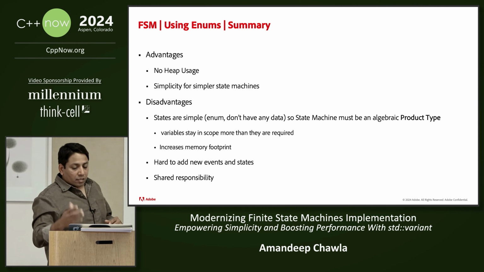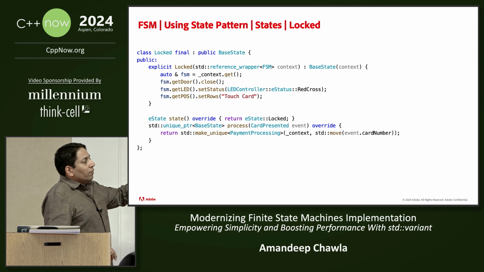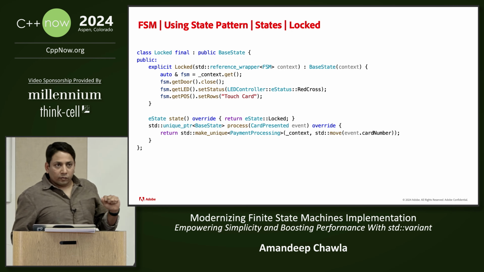So this is an implementation of how the lock state will look. Upon construction, it sets all the devices at one precise place: as soon as it is constructed, it gets the context. Using that context, it makes sure that each device is in the proper state.